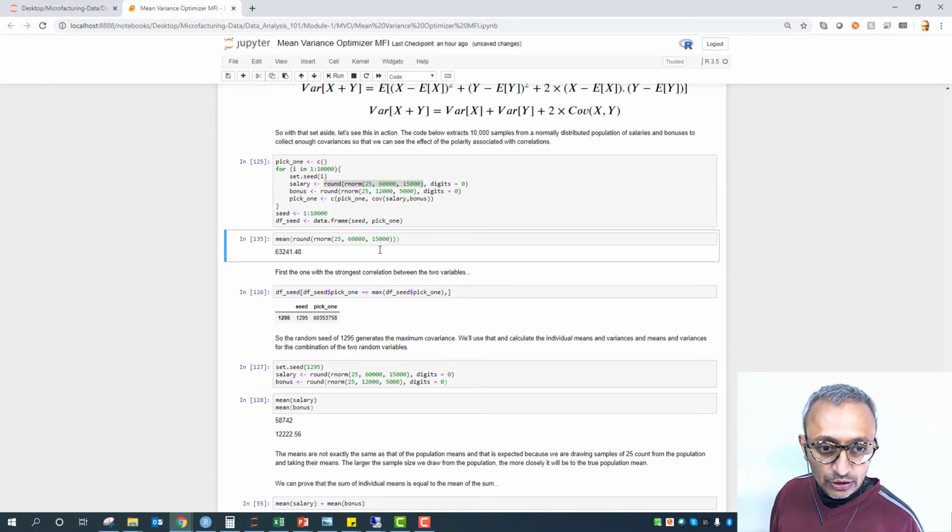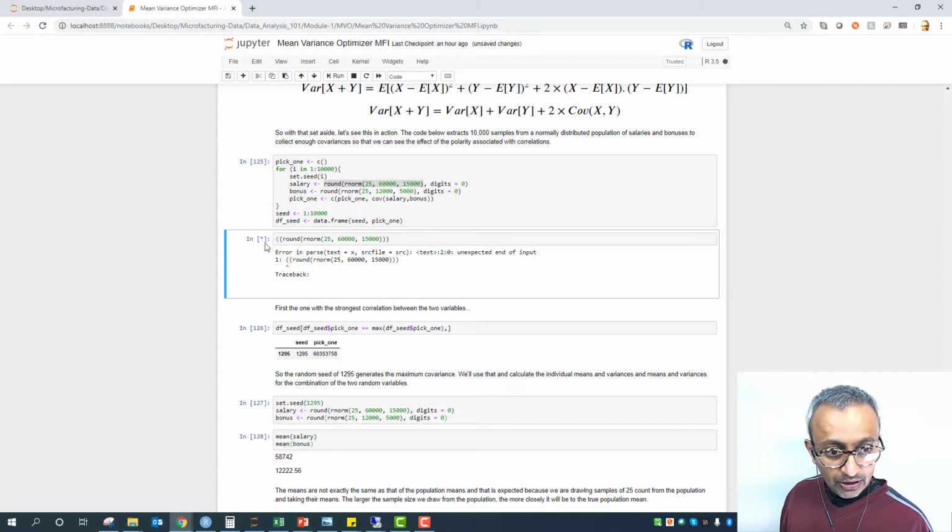Because you use that mean to calculate a distribution with this standard deviation, and every time you run this, you get a different value.